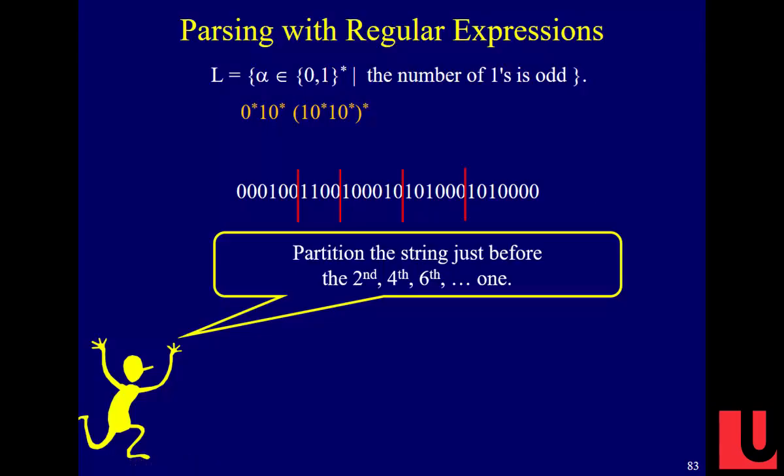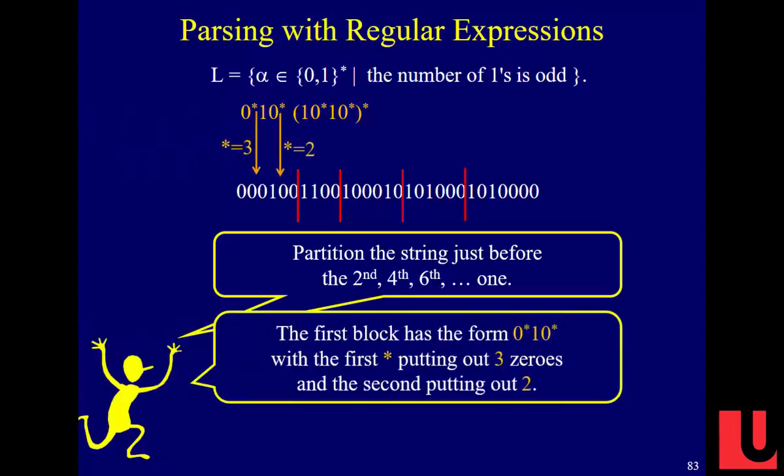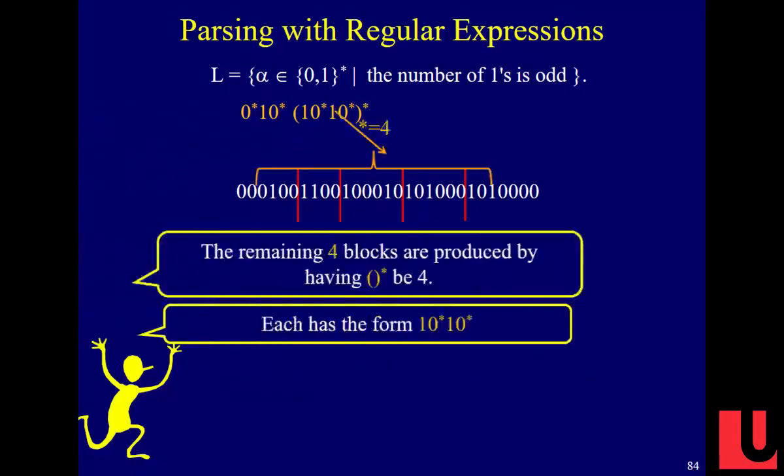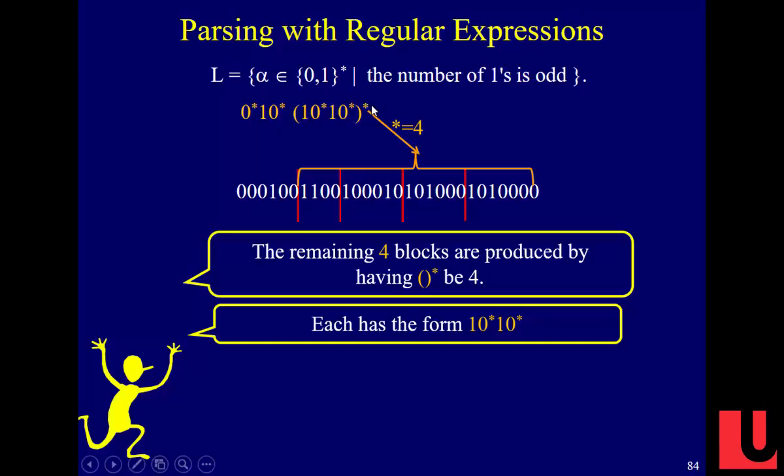Everybody buy that? All right, so here, the 0 star, where does the star come from? Well, what is the star doing? It produced those 3 zeros. And then this 1 produced that 1. And this 0 star produced those 2 zeros. Everybody buy that? And then this star, what did it produce?